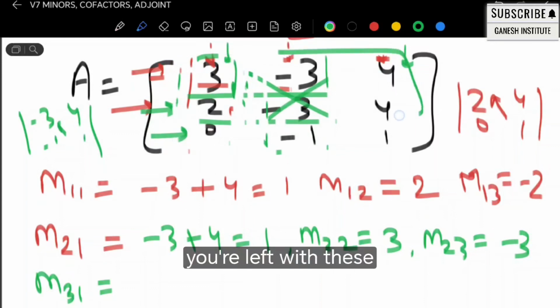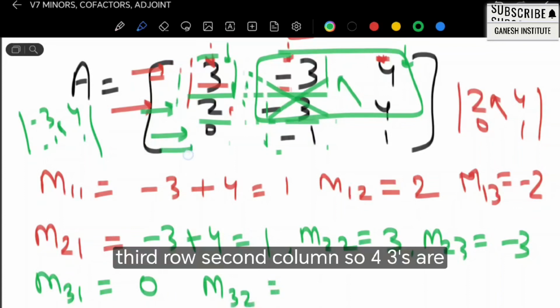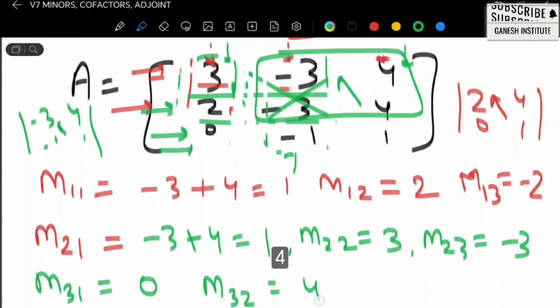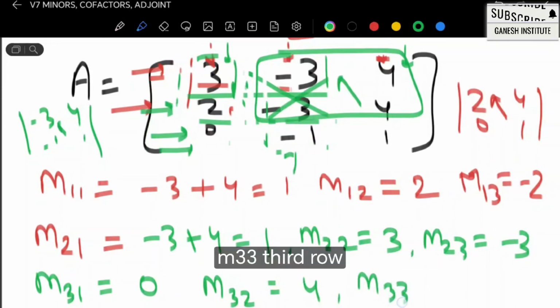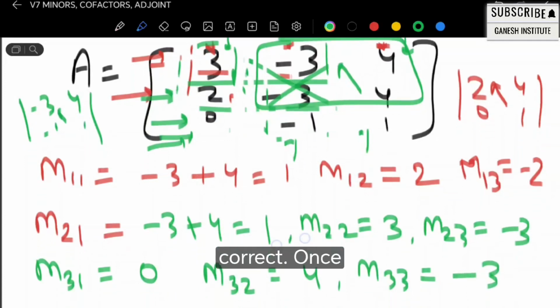So I'm left with these 4. -12 plus 12, 0. M32: third row, second column. So 4 threes are 12, -8. 4. M33: third row, third column. -9 plus 6, -3. Correct.